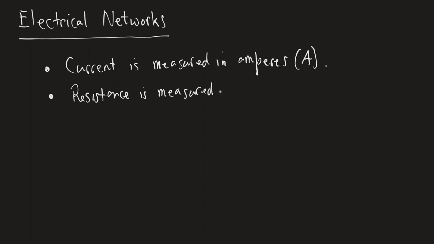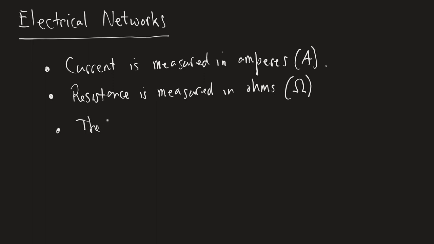So in ohms, and that's the Greek letter uppercase omega. And it turns out that if I take my current and multiply it by my resistance, I'll get the voltage.